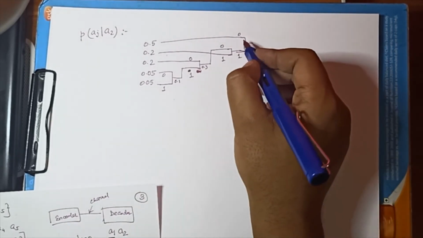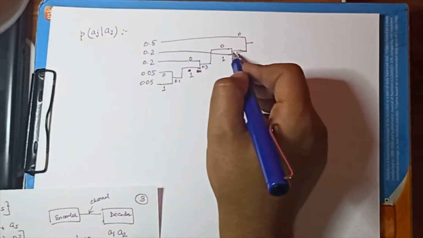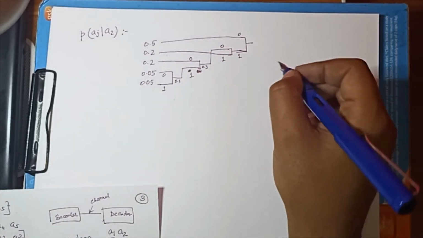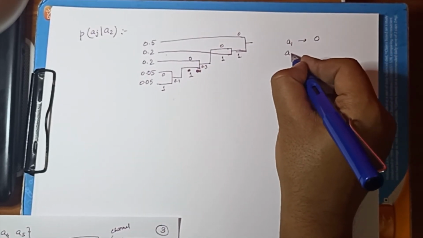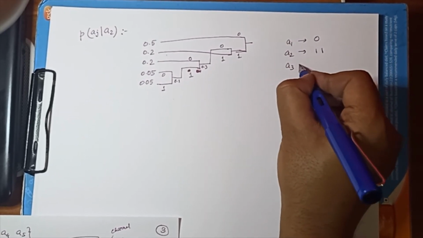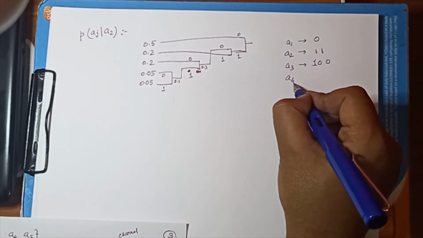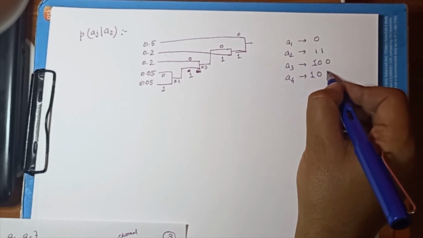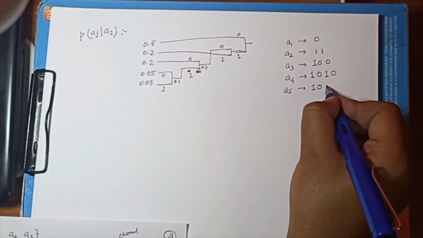So the tree is essentially 0, 1 1, 1 0 0, 1 0 1 0, 1 0 1 1. So A1 is essentially 0, A2 is 1 1, A3 is 1 0 0, A4 is 1 0 1 0, A5 is 1 0 1 1.